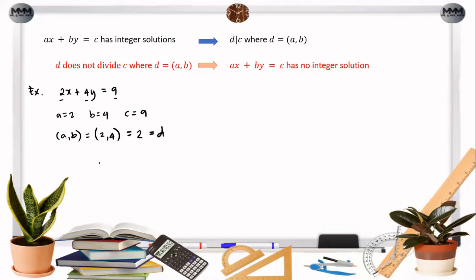Now we will be finding whether d divides c. So for this condition, d divides c or d does not divide c. Again, recall that if d divides c, where d is the GCD of a and b, this means our linear Diophantine equation has integer solutions.